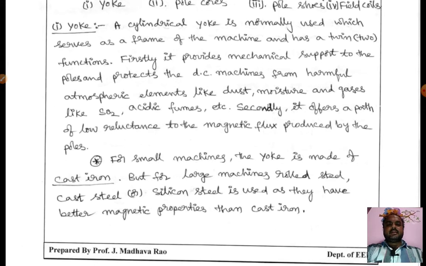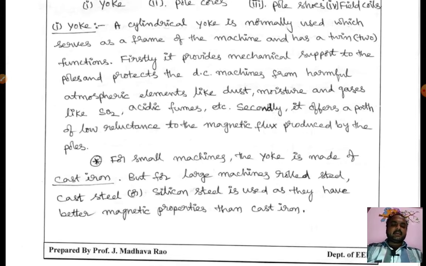It functions for two things. Firstly, it provides mechanical support to the DC motor, and secondly, it provides a low reluctance path to the magnetic flux. So reluctance is low, and magnetic flux will be produced more.